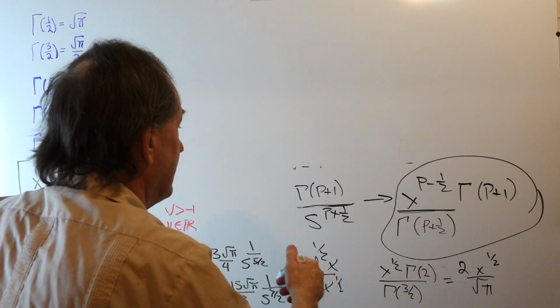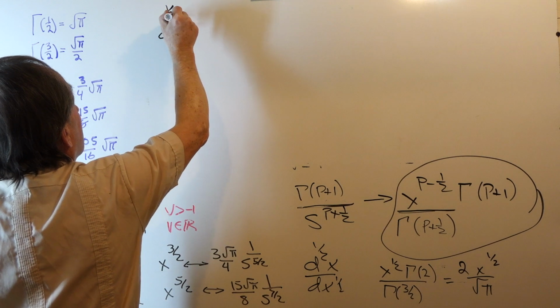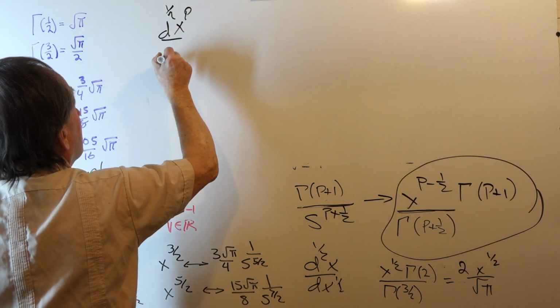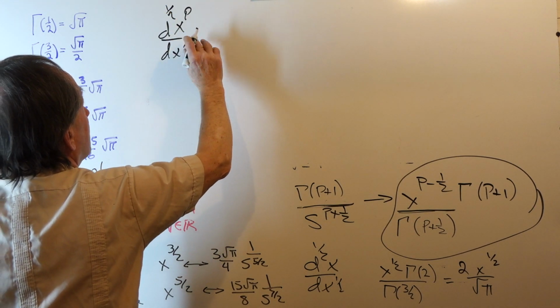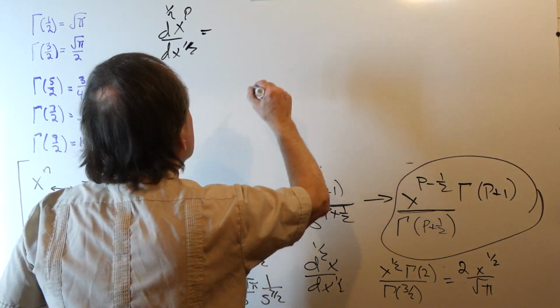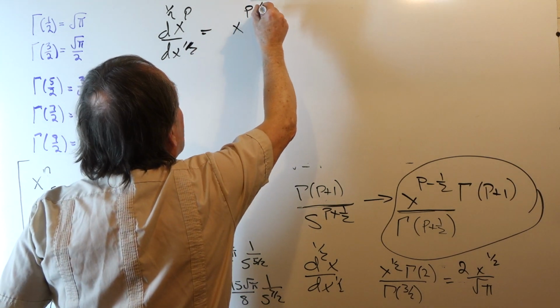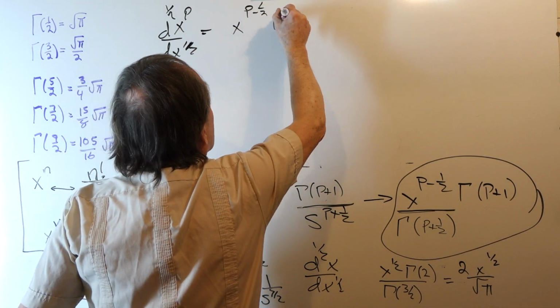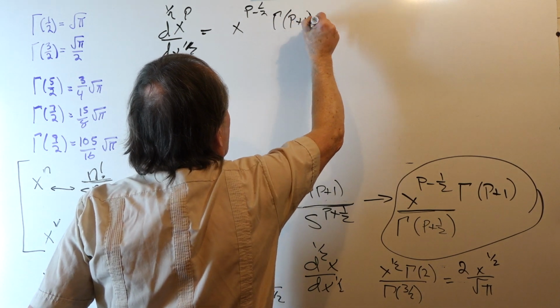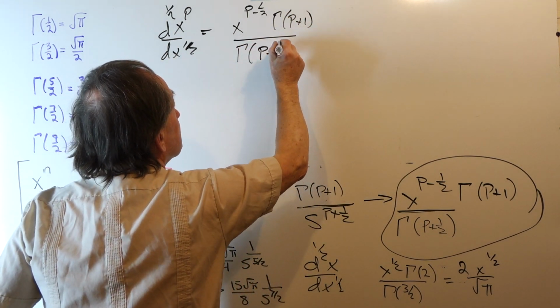What we had was the 1/2 derivative of x to the p is equal to x to the p minus 1/2 gamma of p plus 1 over gamma of p plus 1/2.